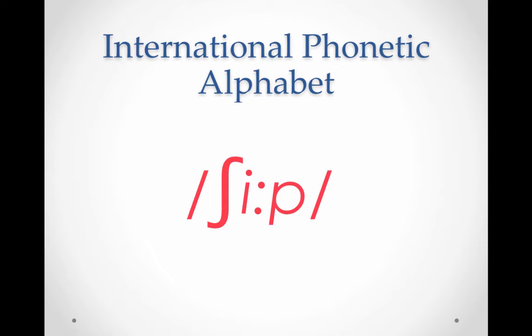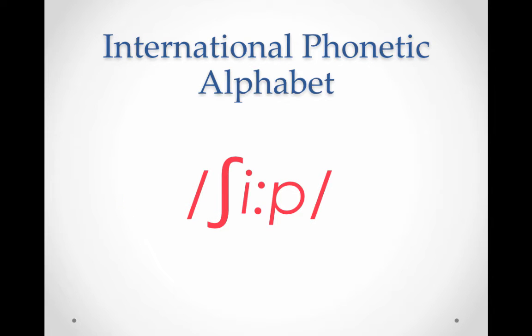So let's take a look at this transcription, for example. As you can see, the brackets on the sides represent sound. Based on what we just saw in the last slide, it is the word sheep. The left character, the elongated S, as we label it, is the sh sound.